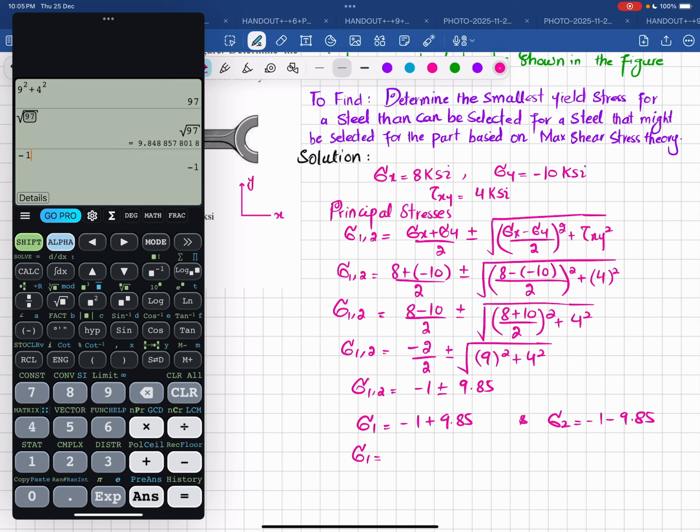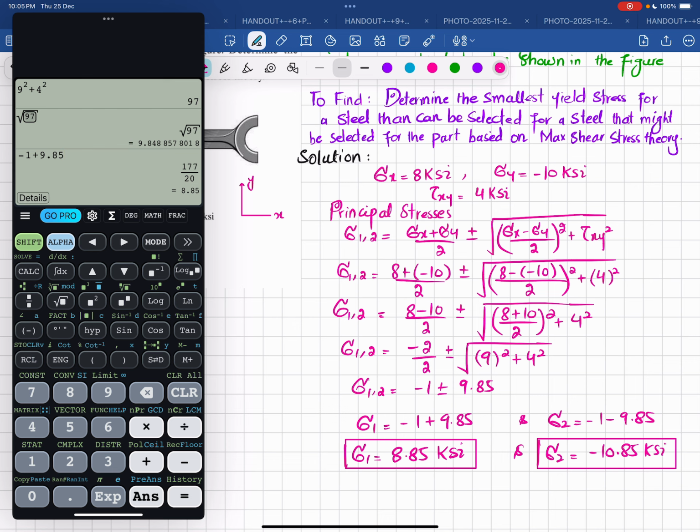Minus 1 plus 9.85 will give you 8.85 ksi. This is the value of one of the principal stresses, and sigma 2 is equal to minus 10.85 ksi. Now you have both these stresses.